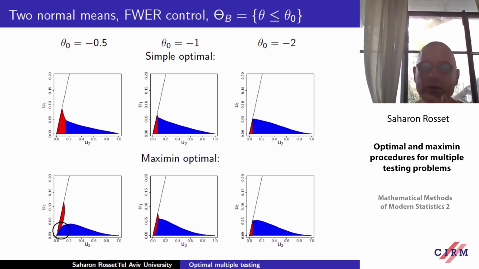I point out that we get some interesting, strange behaviors, but I emphasize that these are the maximin optimal solutions for these problems. As we make the problem more powerful, as we are interested only in more powerful alternatives, as we move, say, to the right column, the maximin region at the bottom is starting to look quite similar to the simple test at the same alternative.